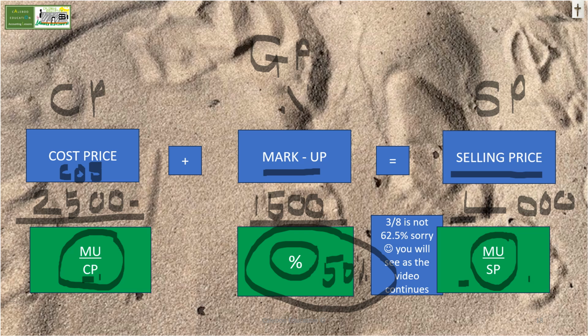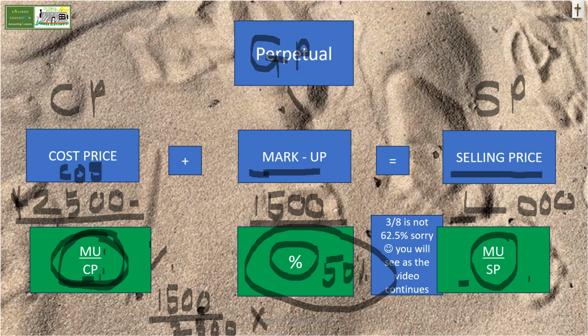If I want to work out what percentage that is, the markup on cost price percentage, markup is 1,500. We calculated it, divided by the cost price over here, which is 2,500. And if you want to calculate a percentage, you need to times by 100.